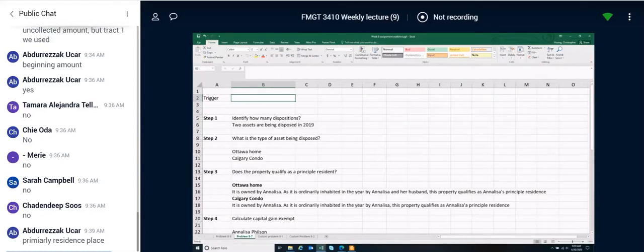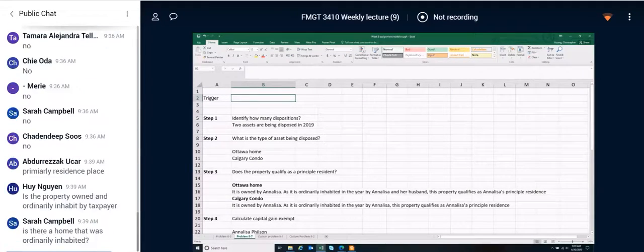Primarily residential residence place? Not quite.